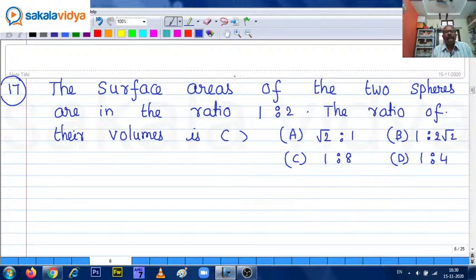Okay, let us check it now. See, the surface areas of the two spheres are in the ratio 1:2. Then the ratio of their volumes we need to find out.